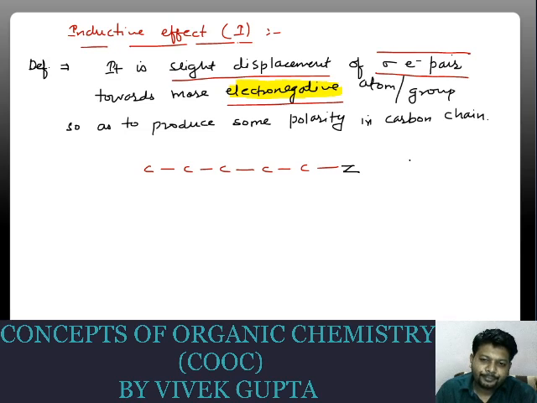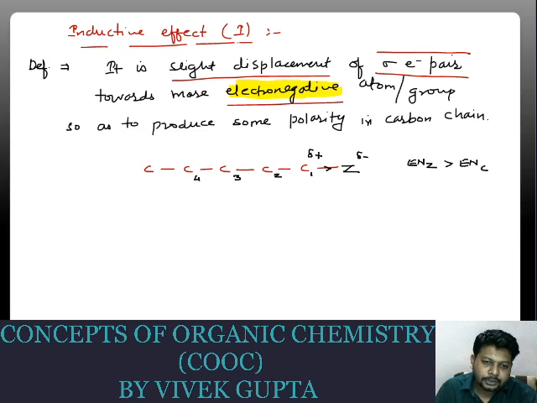So let's say the electronegativity of Z is greater than that of carbon, means the electron pulling power of Z is greater than that of carbon. So what will happen? This bond pair will go towards Z, so it will acquire a partial negative charge, and this carbon will acquire a partial positive charge.